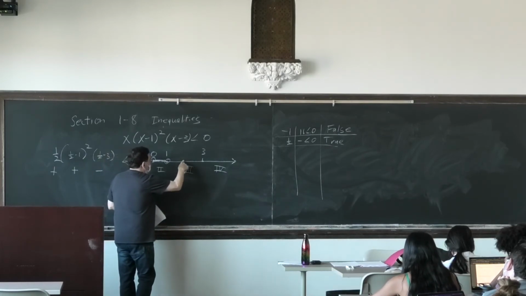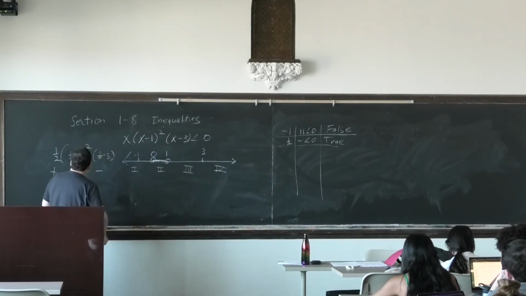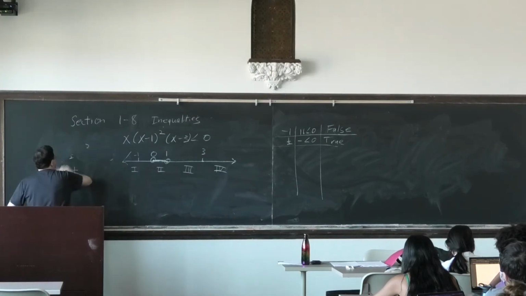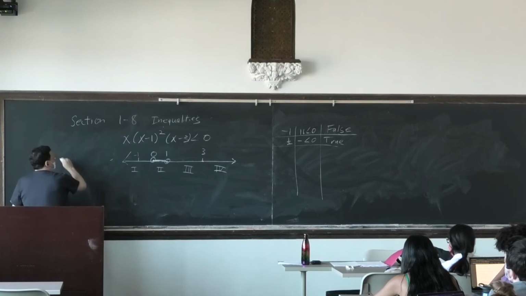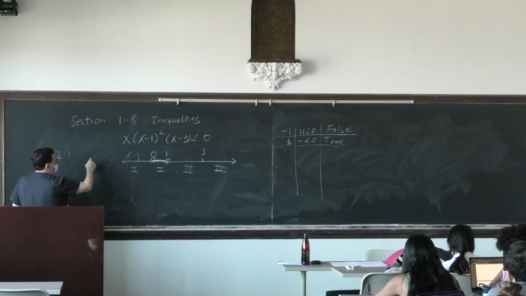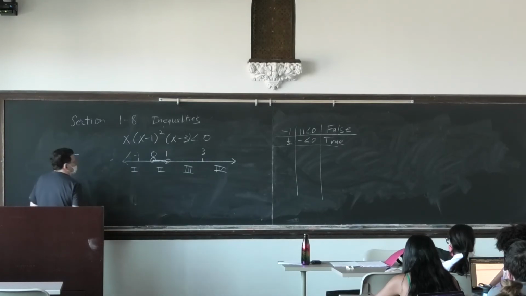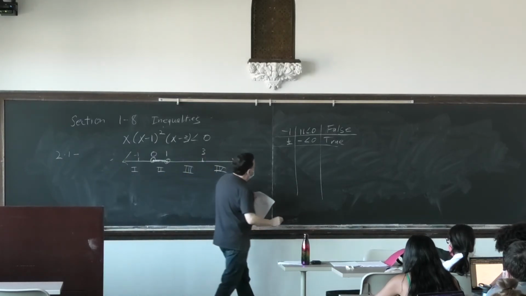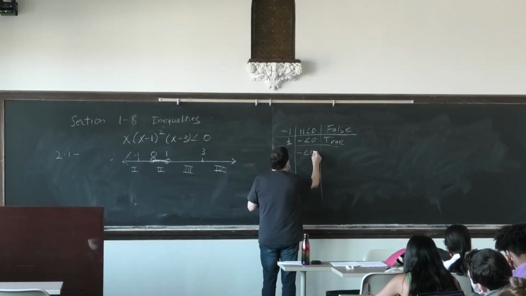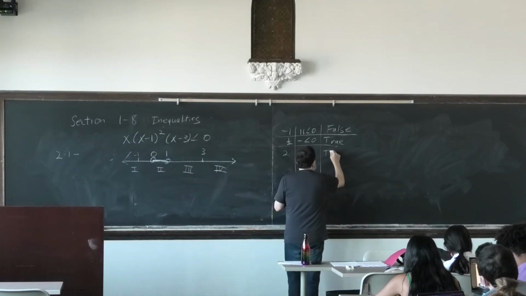We're going to want to check 2, check this region. So let's try that. That'll be a little easier. 2 times 1 squared. Oh, well, again, 2 minus 3, that's negative. So negative.